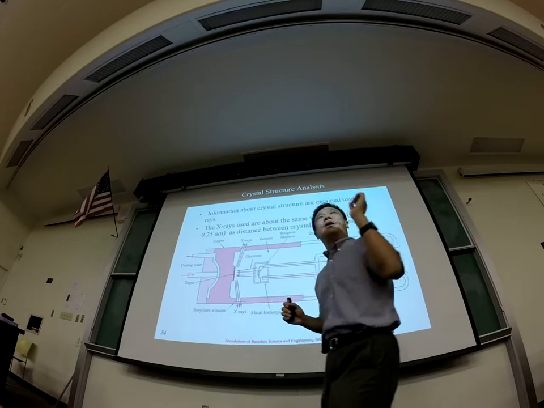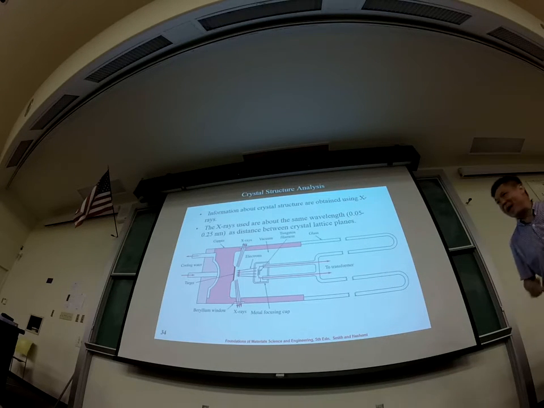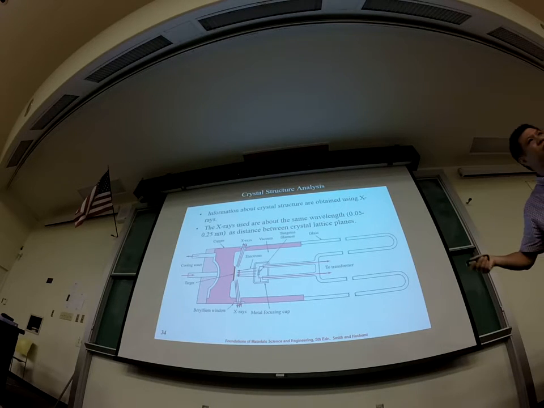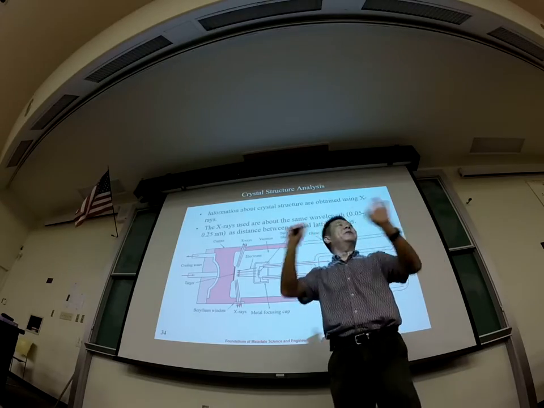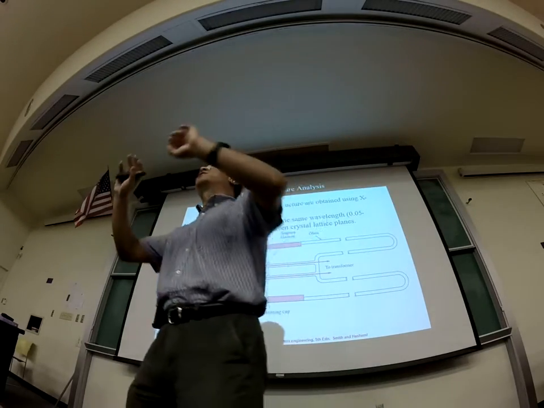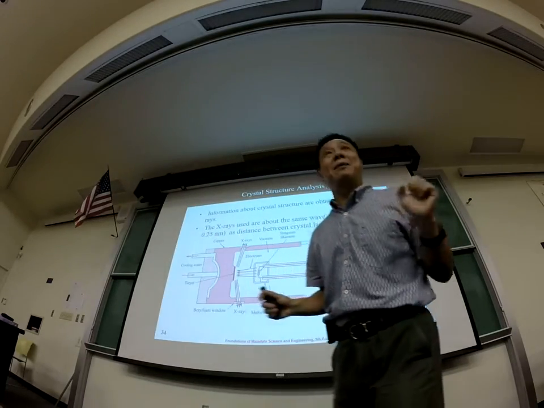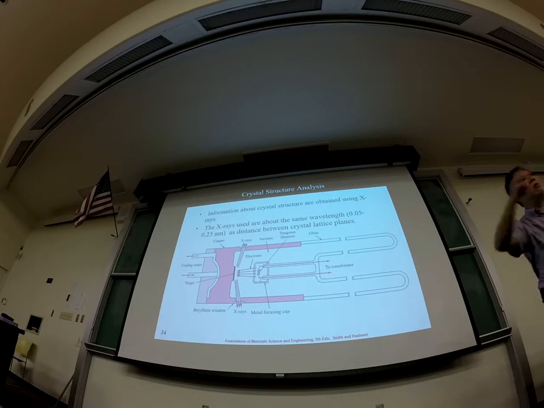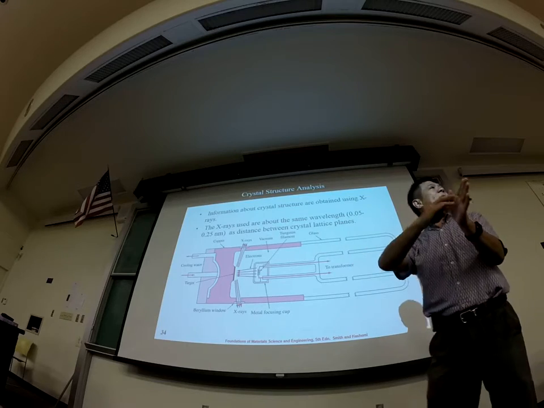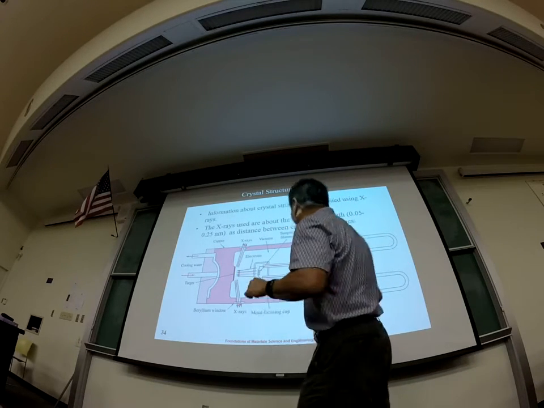It's similar to the diameter of the atoms, right? Indeed, X-ray could have wavelengths from 0.05 nanometer, or 0.5 angstrom, to 2.5 angstrom. 2.5 angstrom is very close to most atom sizes, atom diameters, okay? Sometimes we call this kind of long wavelength X-ray soft X-ray, right?